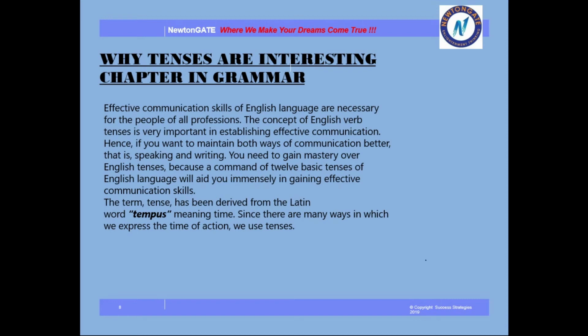Now, we all know that past tense, present tense and future tense are the three main tenses, but we don't know where these tenses came from.